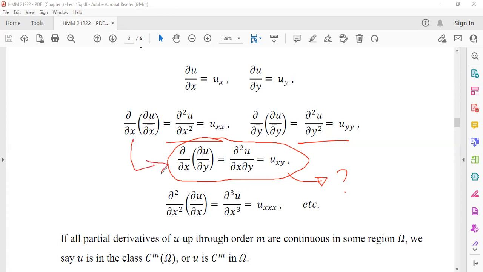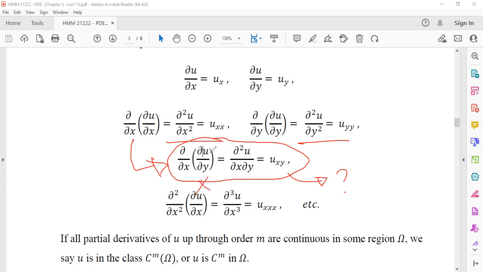From this, you can understand this one. Tell me what's happening. In a word, what do you understand? Yes, first differentiate u with respect to x, and again, yeah, good. Okay, tell me first what is happening first.